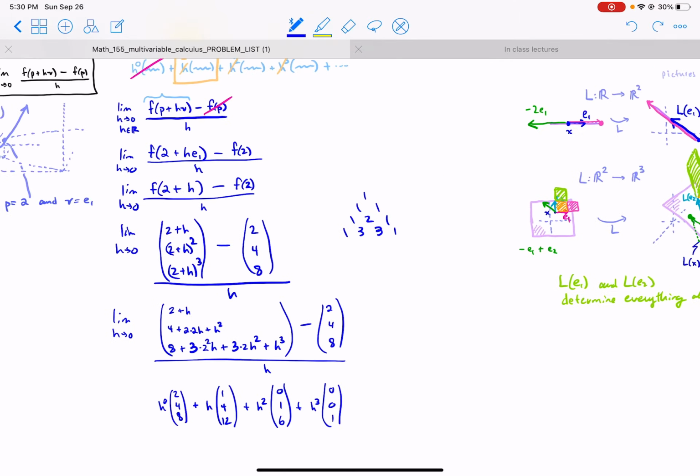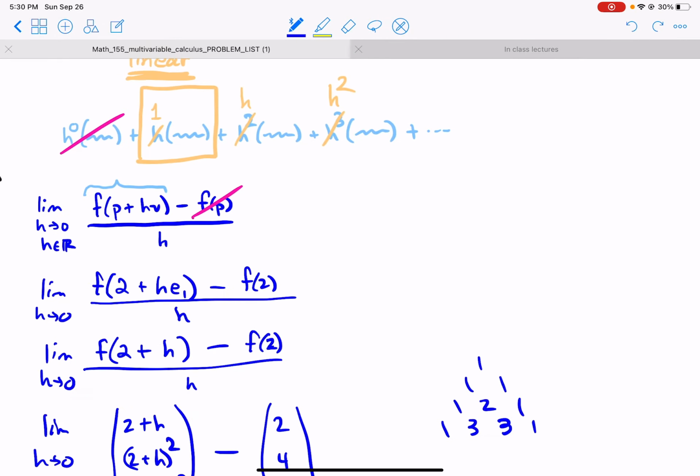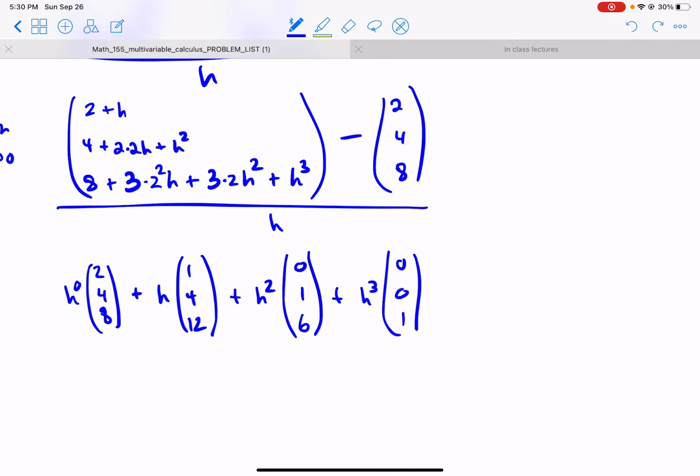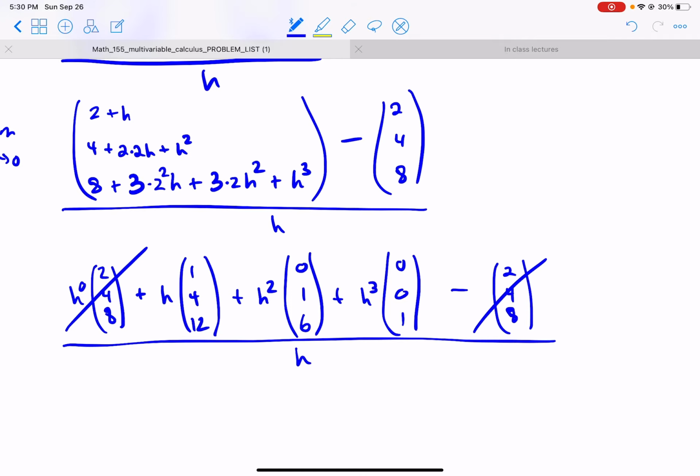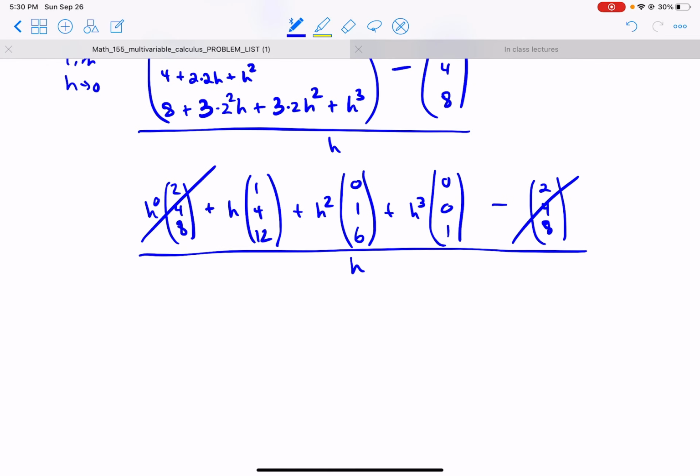I just have this subtracting. This was the minus f of p. And sure enough, like I said, the minus f of p will cancel the constant term. Because look down here, my minus 2, 4, 8, my f of p, will cancel the constant term. Then I'll divide by h, and you'll see what happens. Then I will have to take the limit as h goes to 0.